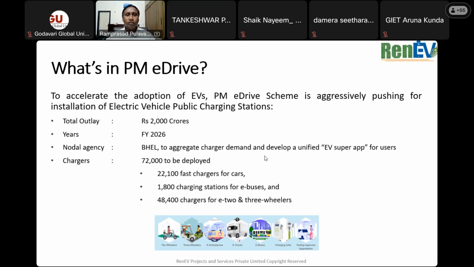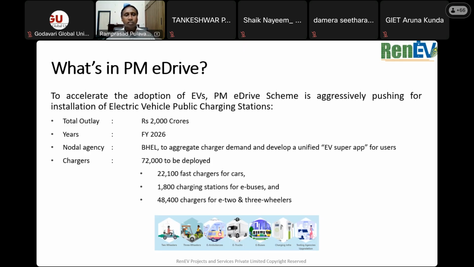Okay, so in the PM E-Drive, 2,000 crores has been specifically given for establishing charging stations. So 2,000 crores is a very big number, which is being provided as a subsidy to the state governments as well as central public sector undertakings or state public sector undertakings.